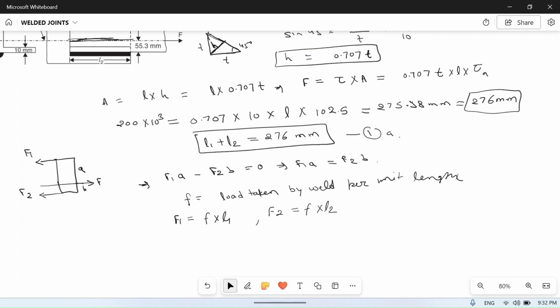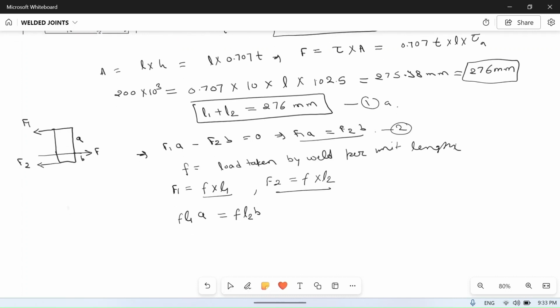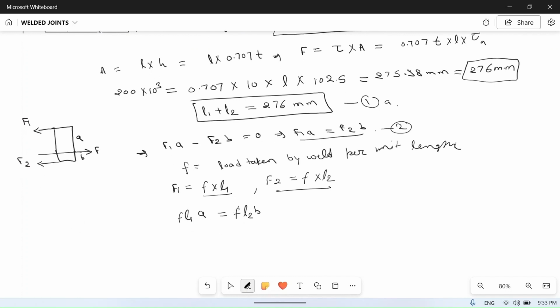So load taken by the resistance offered by these two weldings will be proportional to their length. Okay, so if we put this value in equation number 2, then you will get f L1A is equal to f L2 into B. Okay, so f will be cancelled here, so we can say L1A is equal to L2B.